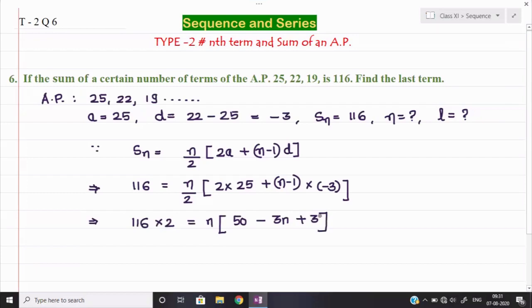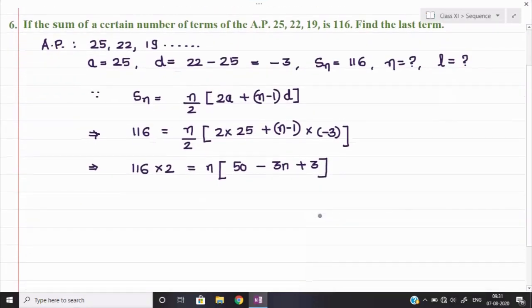Now we shall go further. 116 into 2 will become 232, which is equal to n into the bracket 53 minus 3n. Now we shall multiply n inside, and bring 232 onto that side.